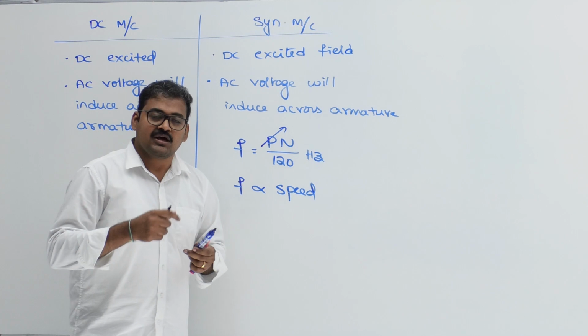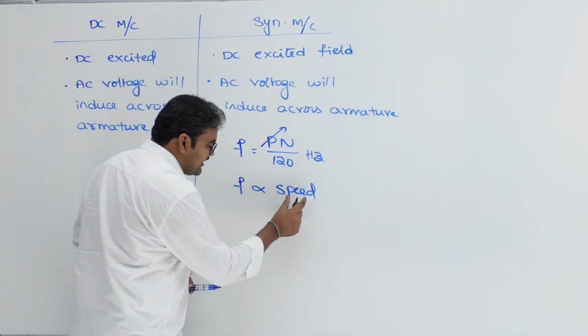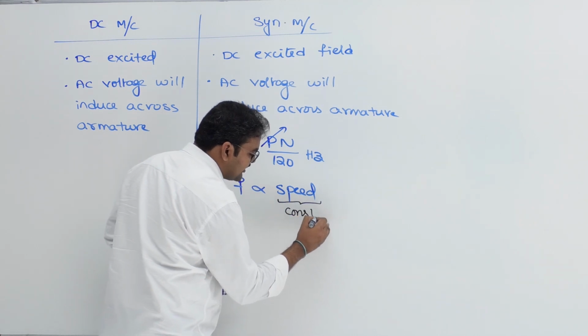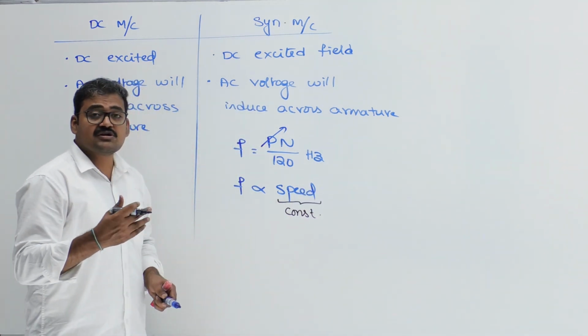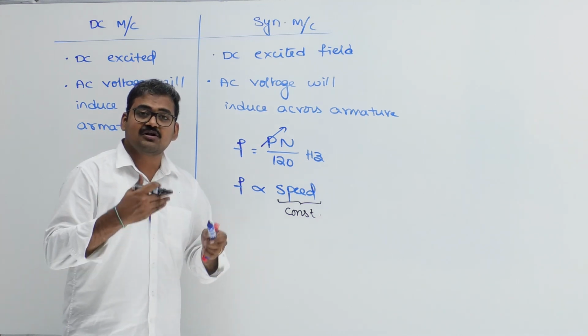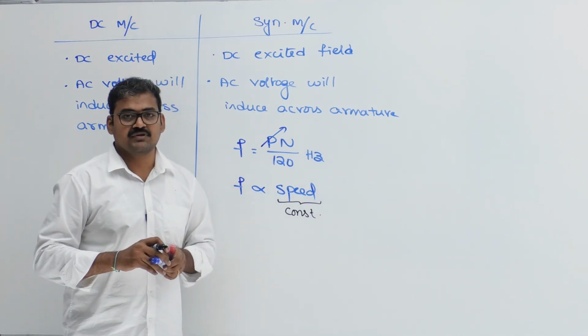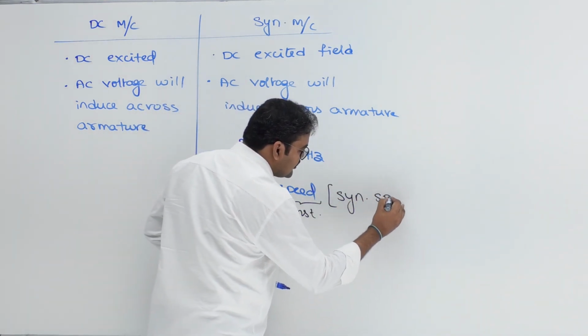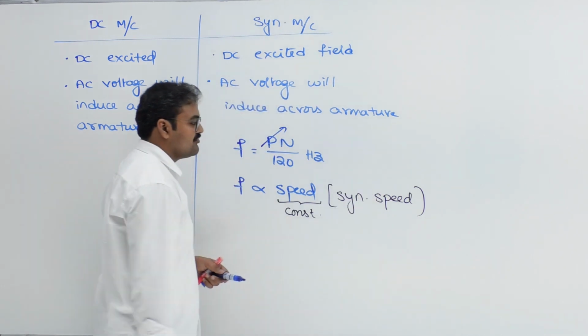And frequency will be a constant value only if the rotor is rotated at a constant speed. That's why synchronous generators must always be driven by prime movers rotating at constant speed. And that constant speed is what we call the synchronous speed of the machine.